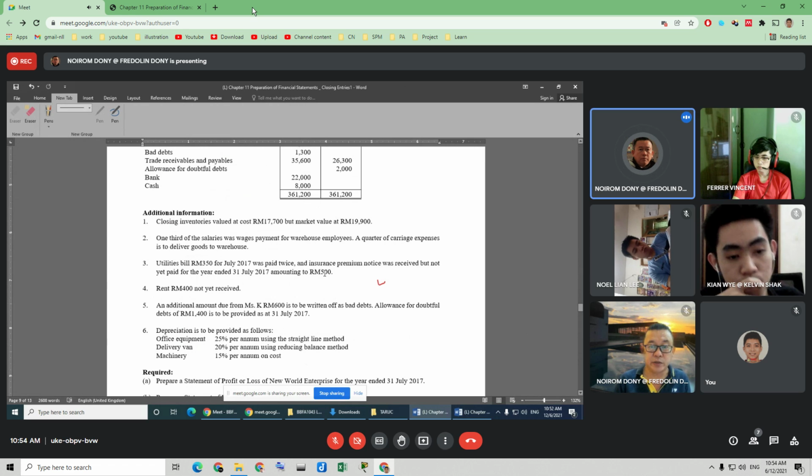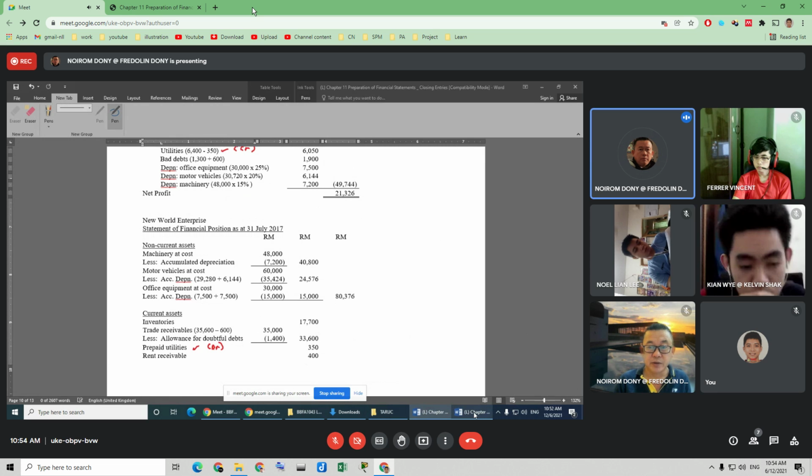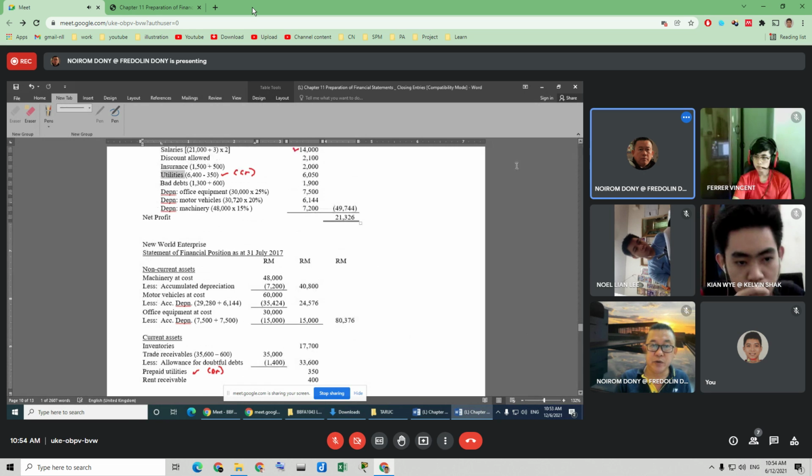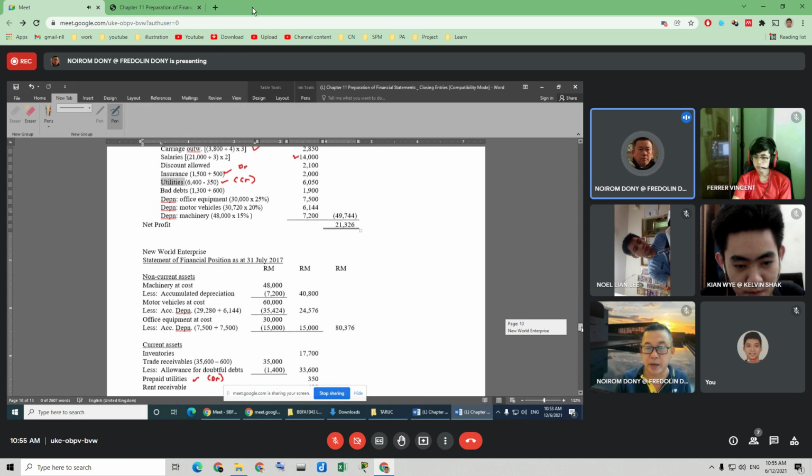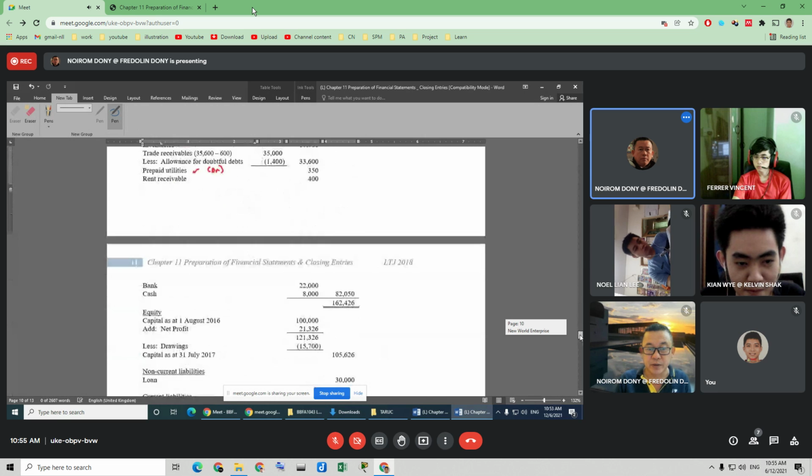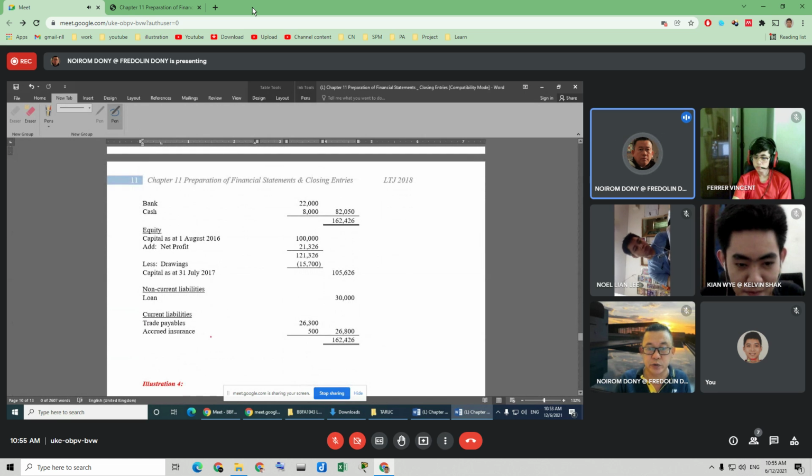So you have to increase, plus 500, and this is not paid, so it becomes a liability. Your insurance here, you need to plus 500. This is debiting, and the next entry should be credit. Under current liability, not being paid, accrued insurance, 500. So this is a credit entry.